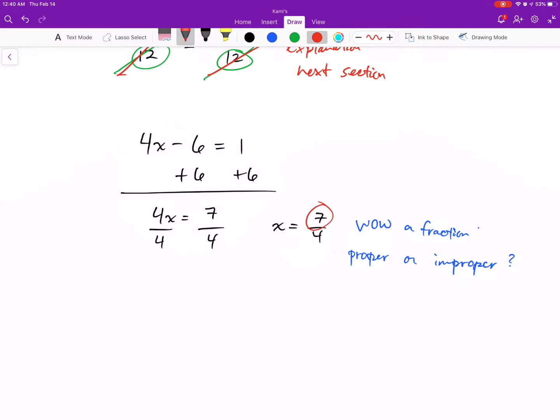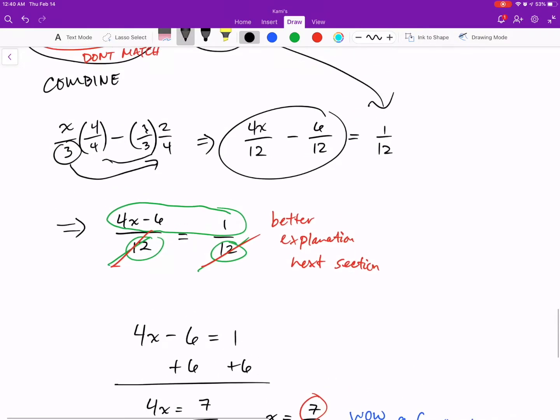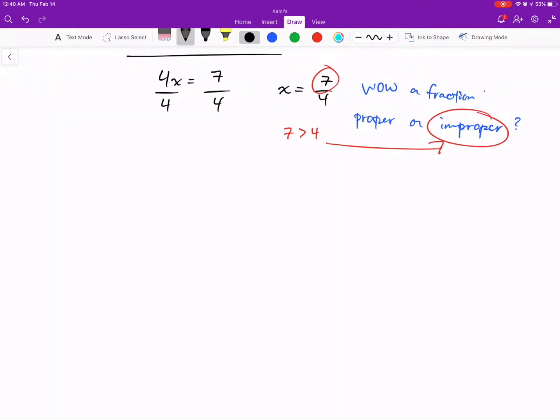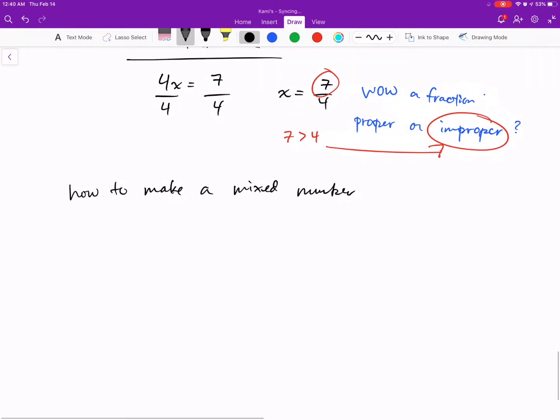Remember, since 7 is greater than 4, it's going to be an improper fraction. And I'll go over that in the next video on how to make a mixed number. Yeah, that one I'll go over in the next video.